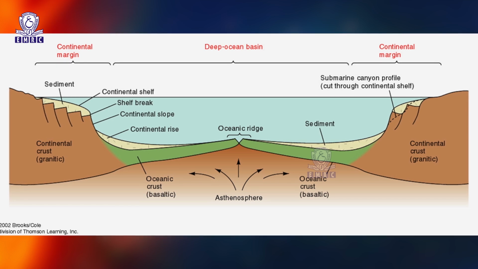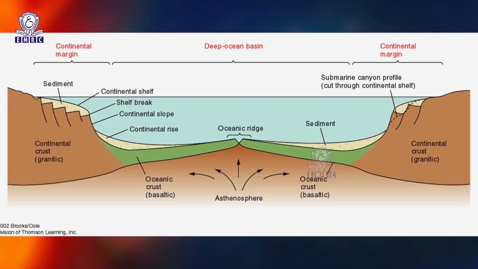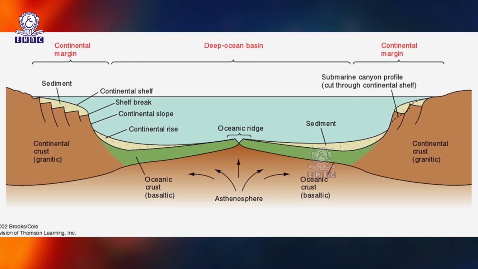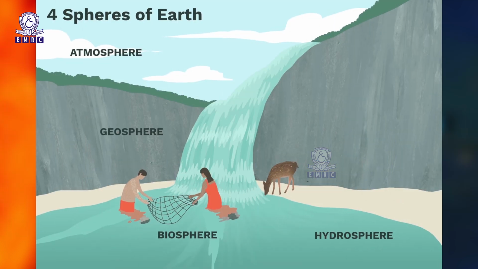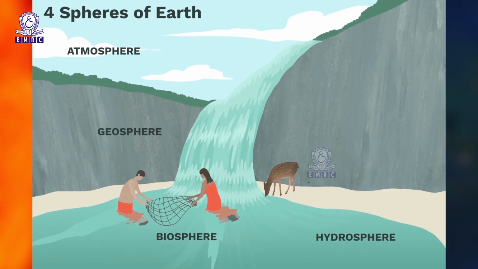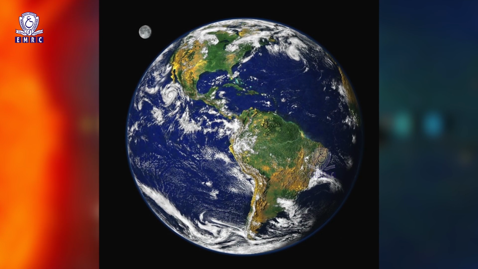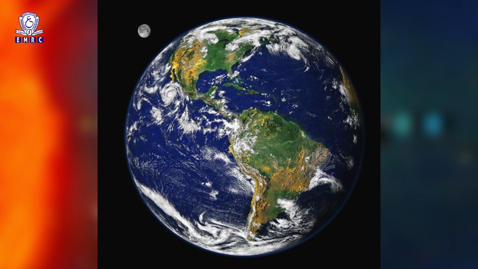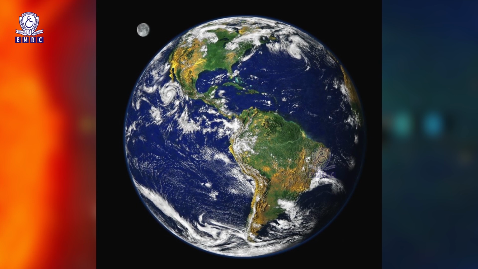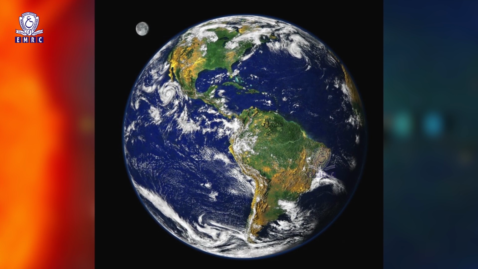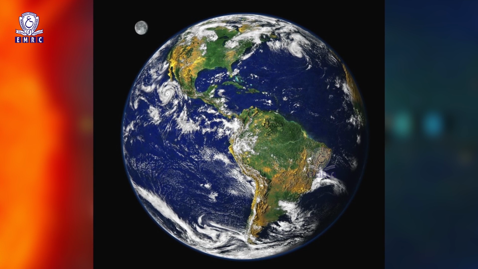Over 90% of the water on the Earth's surface is contained in the ocean. The main mass of the hydrosphere lies in the world's ocean. The Earth is often called the water planet because 71% of its surface is covered by oceans.